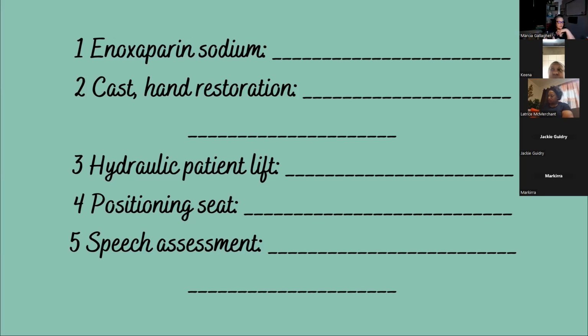Let's move to number 3, hydraulic patient lift. We're just going to go with what you feel like you need to do, and then we'll talk about it. Miss Brandy, pick someone to answer number 3.